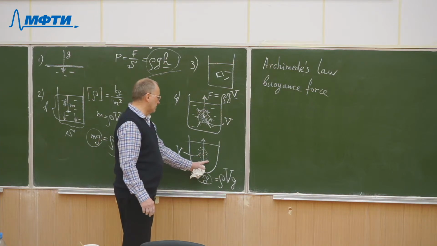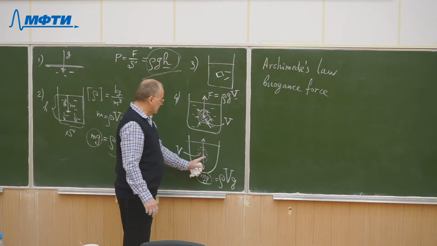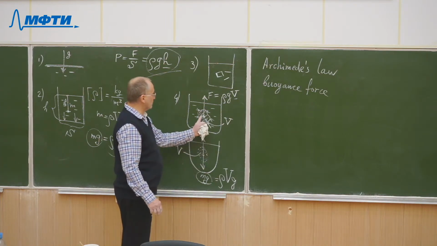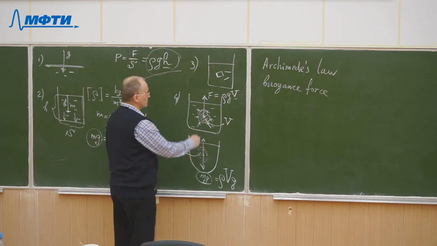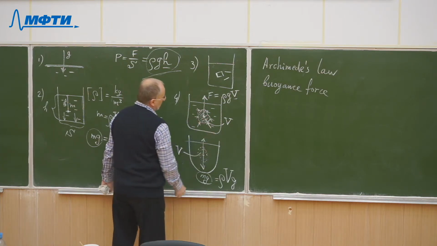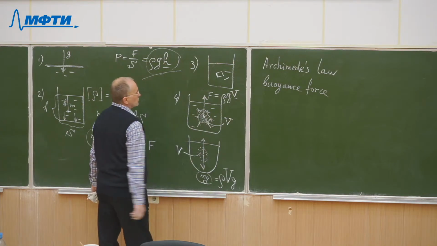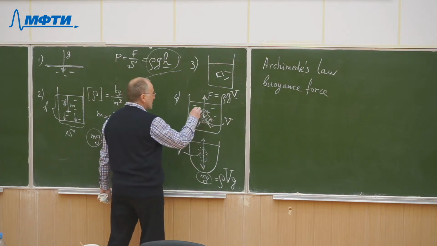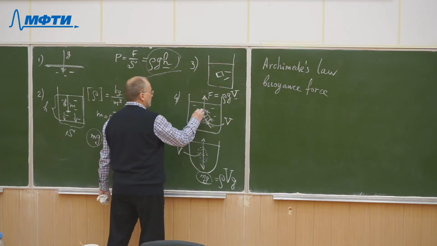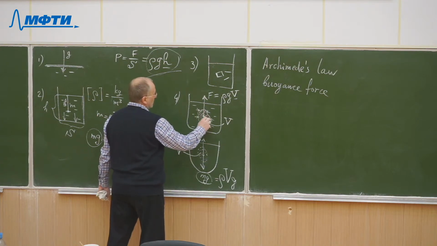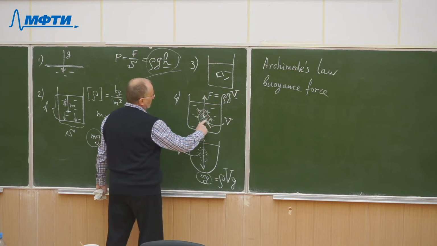But the center of gravity of the liquid does not necessarily coincide with the center of gravity of this solid body. The solid body may have some non-uniform distribution of mass. It may have a large heavy part here, and a very light part with practically very small mass here.